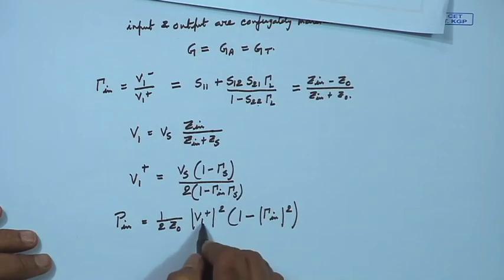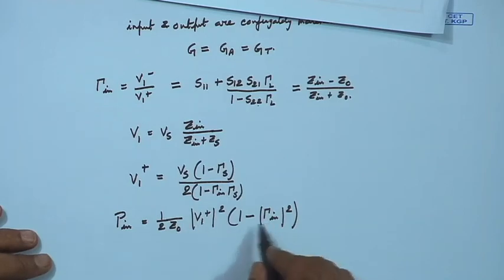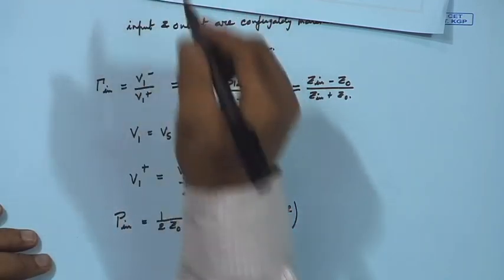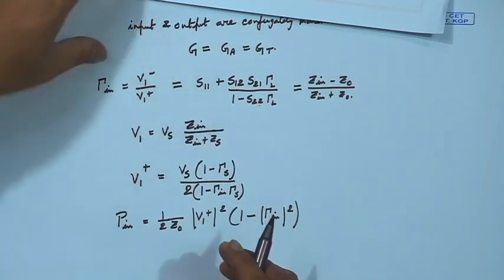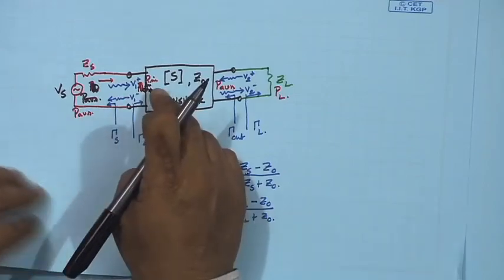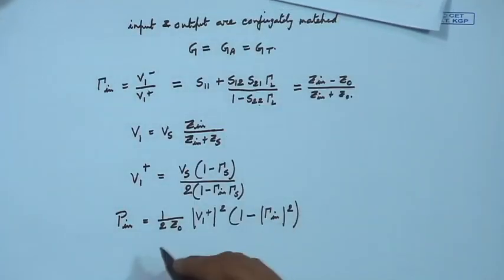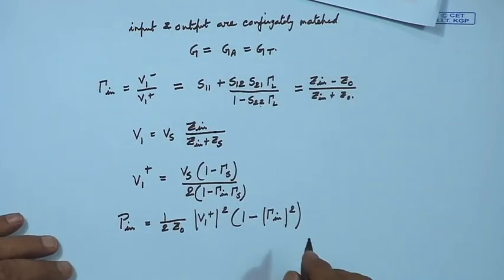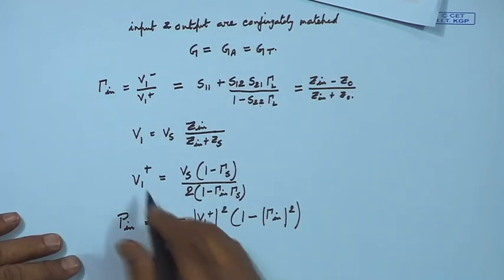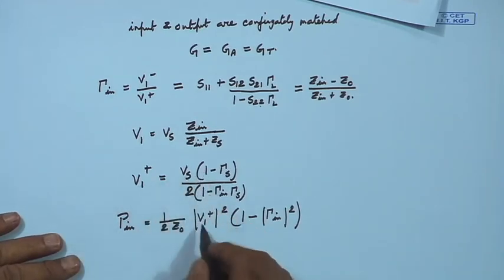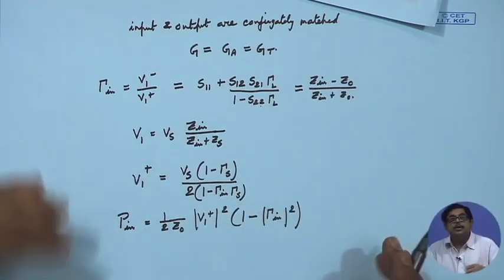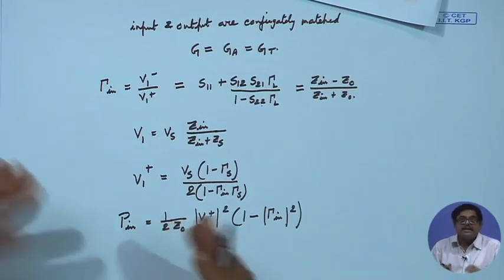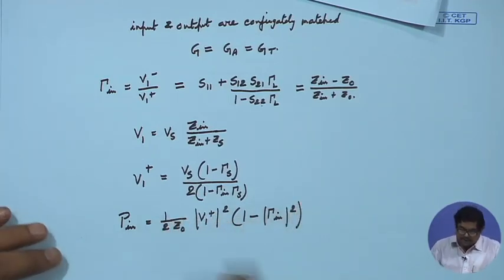P in is this. We know the impedance level is Z naught and there is a reflection here. So, if we subtract that reflected power, we know how much power is being inputted to this network. Now, V 1 plus will change with various loading conditions, but V s is a source voltage that is independent of all this.